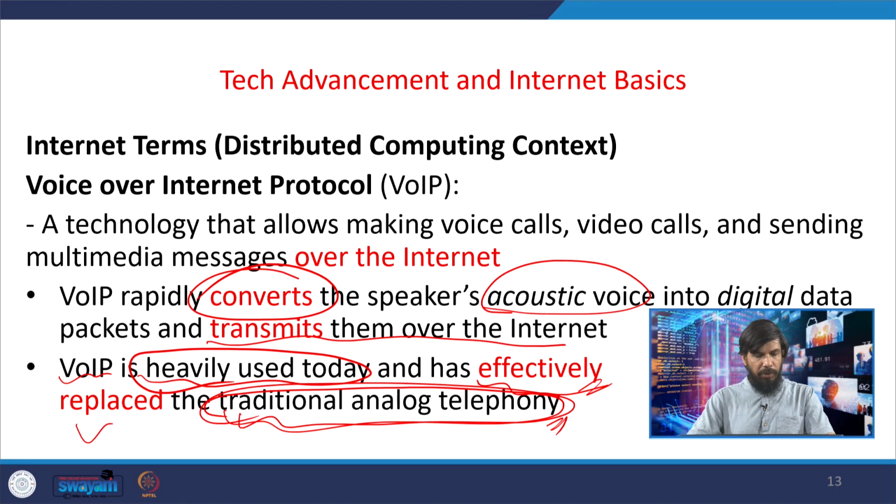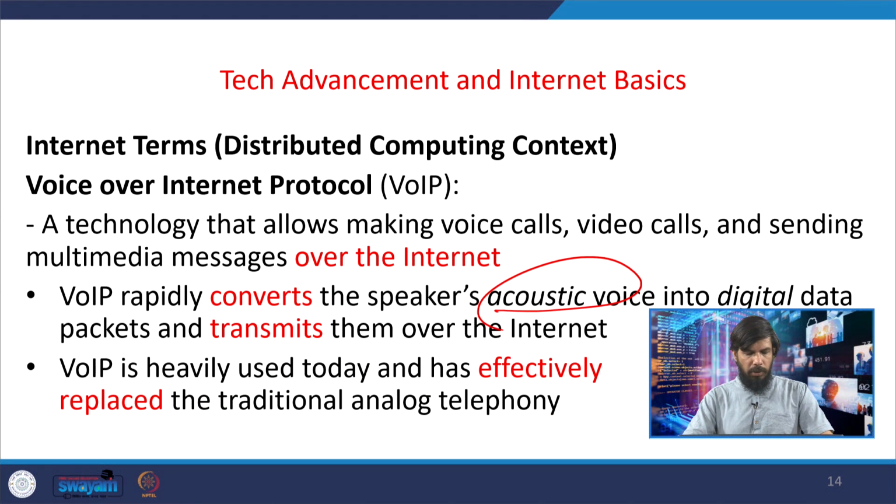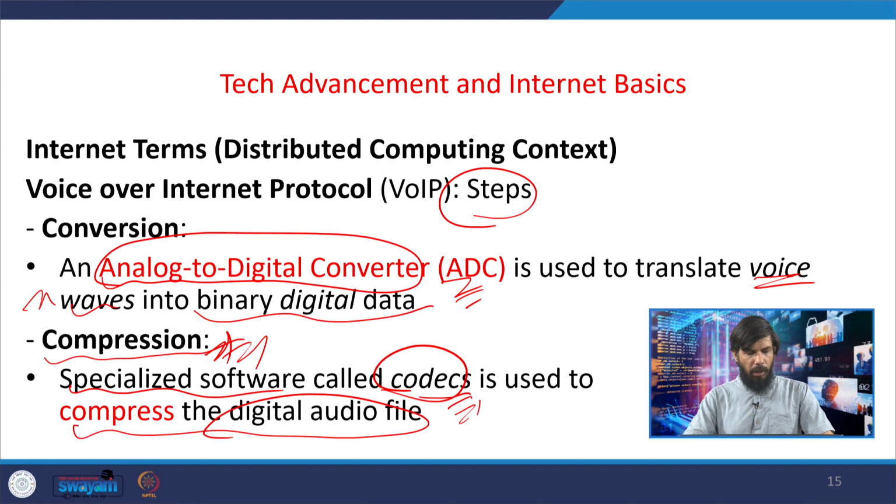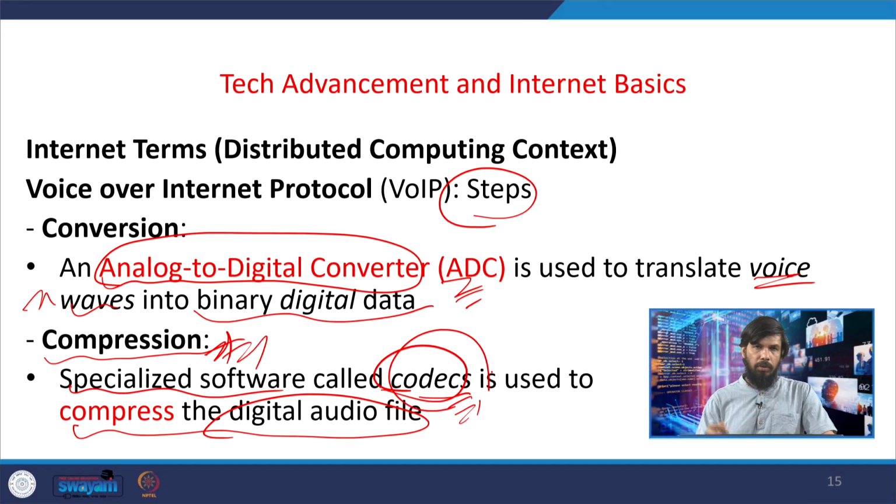Then we talked about voice over internet protocol, VoIP, which has become an important application. There, the first step is that the analog to digital converter converts the acoustic voice to digital voice, which is compressed first because it has to go through the network.